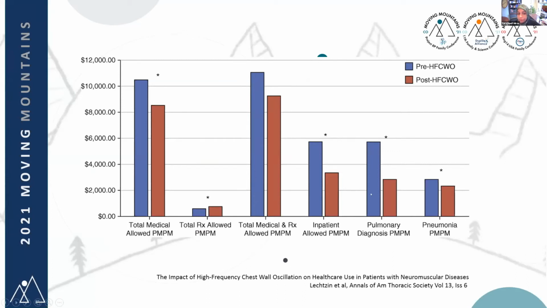There was a significant drop in their rates of pneumonia after they were initiated on a chest wall oscillatory device. This is not applicable for all, but for patients who are at risk, who you identify have a weak enough cough and whose hypotonia is involving their respiratory muscles, that is an area where we need to intervene and make some changes.